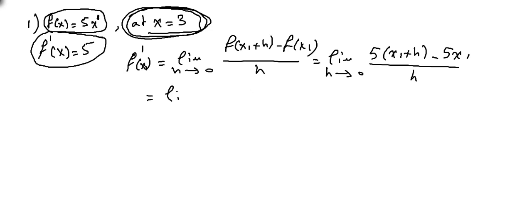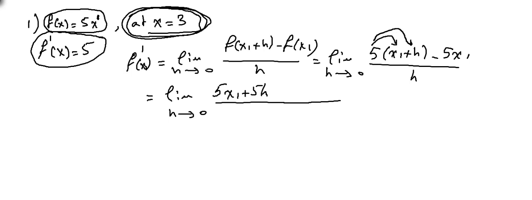Expand: the limit as h tends to 0 of 5x1 plus 5h. I will not forget this time to multiply the number with both terms inside the bracket, minus 5x1 over h.